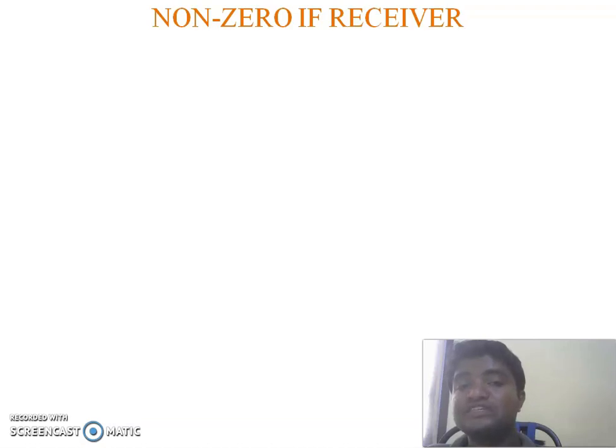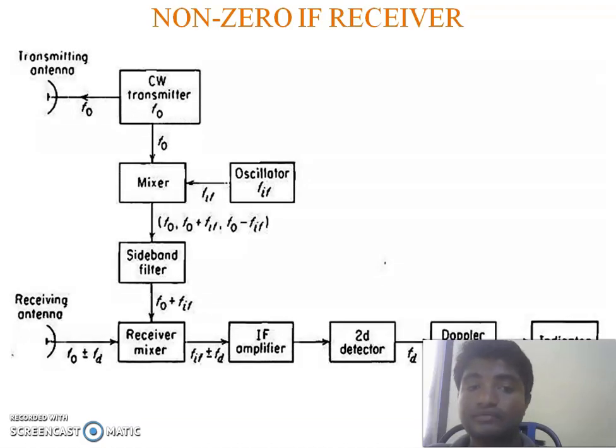If the frequency is high, the flicker noise is low. So we use a high intermediate frequency so that the effect of flicker noise is reduced. That is the advantage of the non-zero IF receiver. We can see the block diagram now.